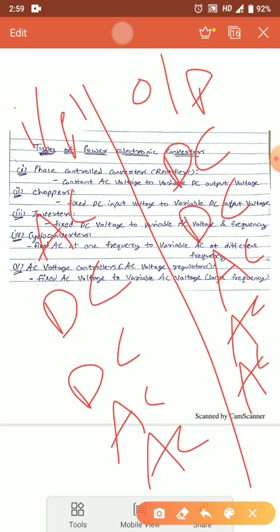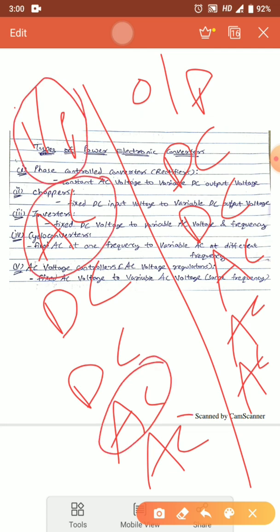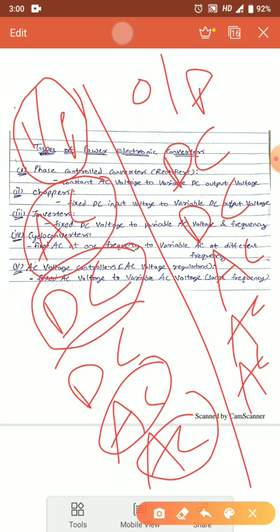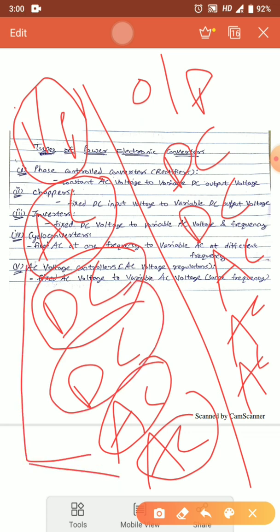Here we can see that the input quantity for 3 circuits is AC, while for 2 different types of converters it is DC. We have to keep in mind which circuits have AC as input and which have DC as input, because we will be discussing this in the further lectures that we are going to see.